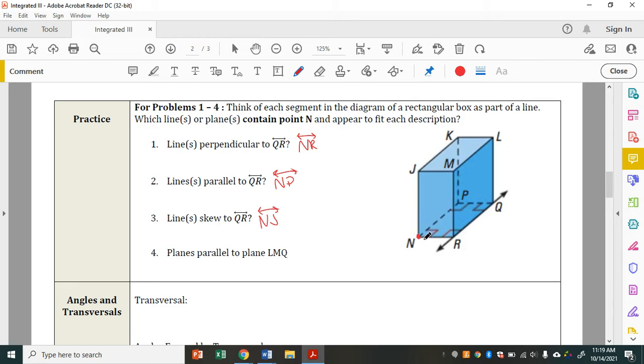And then lastly, the plane that's parallel to plane LMQ, which is this right plane, this little darker plane here. The plane that's parallel to this plane that contains point N would be the plane on the left. So it would be plane NJK, or we can say NJKP. It doesn't matter whether you list the planes with 3 or 4 letters.